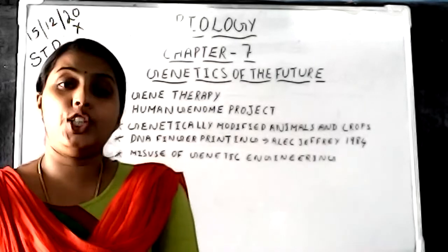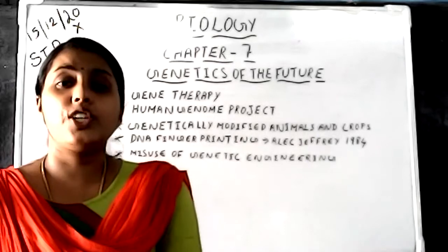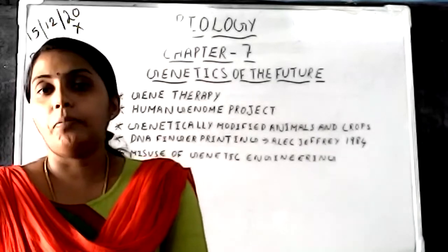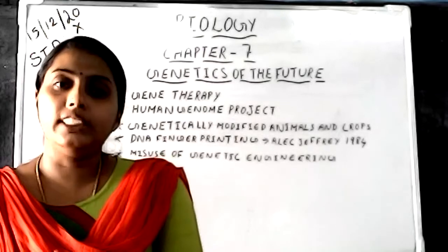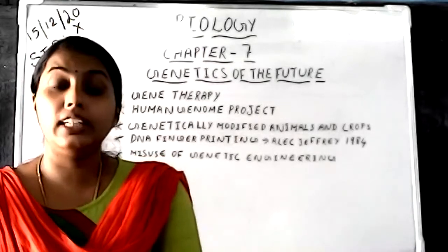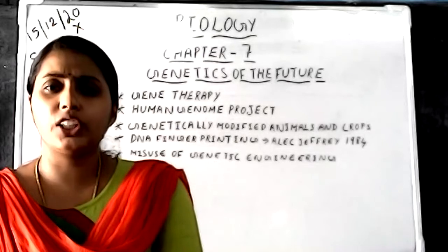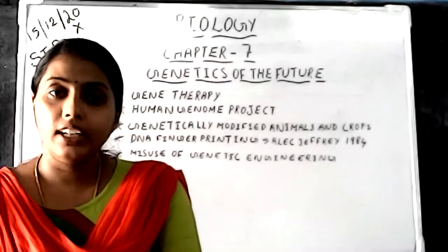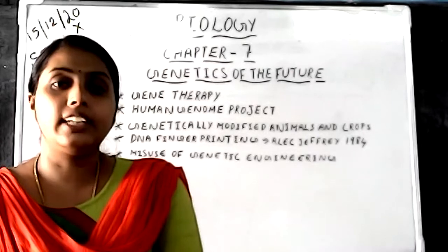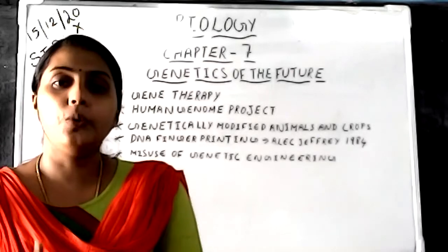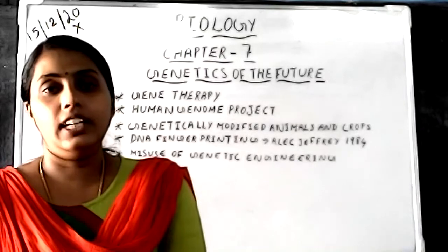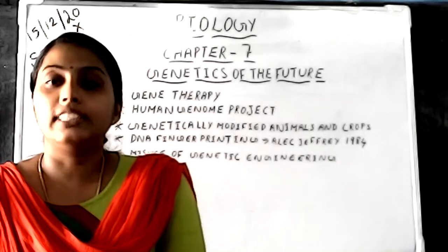As genetic engineering has arrived, gene therapy is one of the treatment methods. That means the disease-causing gene, which is non-functional or defective, can be cut using the genetic scissor restriction endonuclease, and we can replace another gene instead of that disease-causing gene.